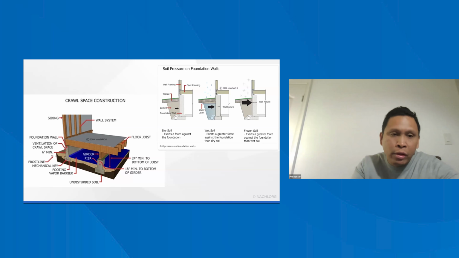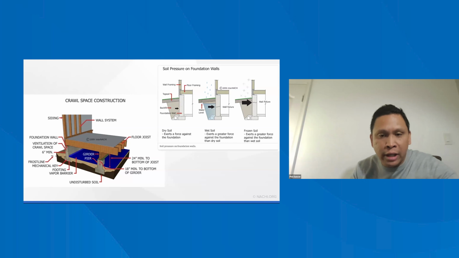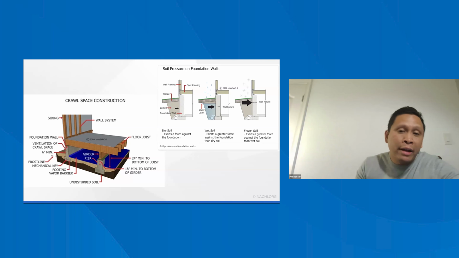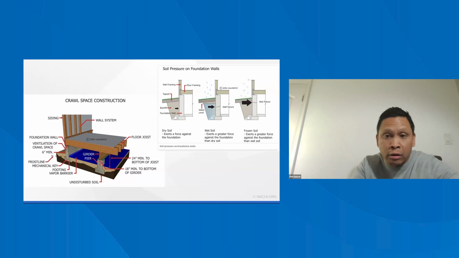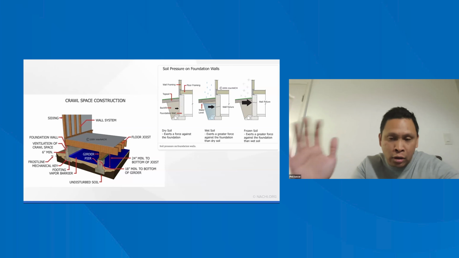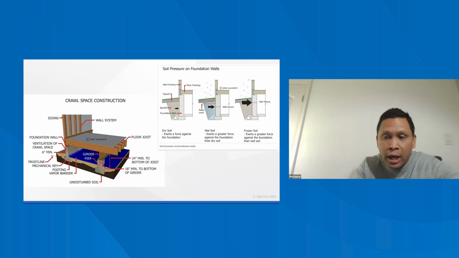So even with a crawl space, you want to check for indications of external forces being applied to the foundation wall itself. If it's in the ground, that would be your hydrostatic pressure, right? There is a dry type of soil that can exert a force onto the foundation wall.